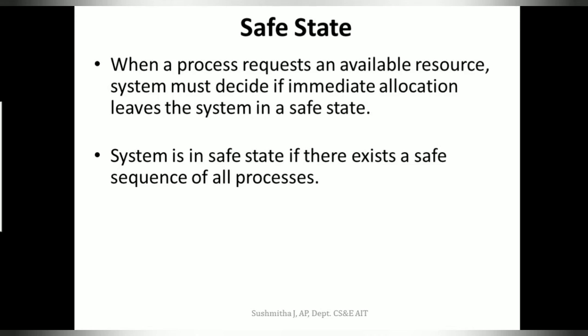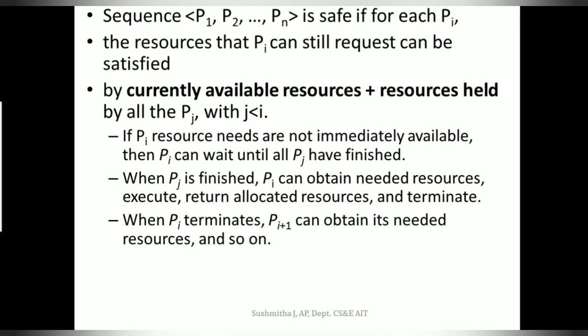So this is determined by the safe sequence of the process. Now let us see what is a safe sequence. If I say this is the safe sequence, that is process P1 must execute and then process P2, and after process P2 it is process P3 and so on to Pn.